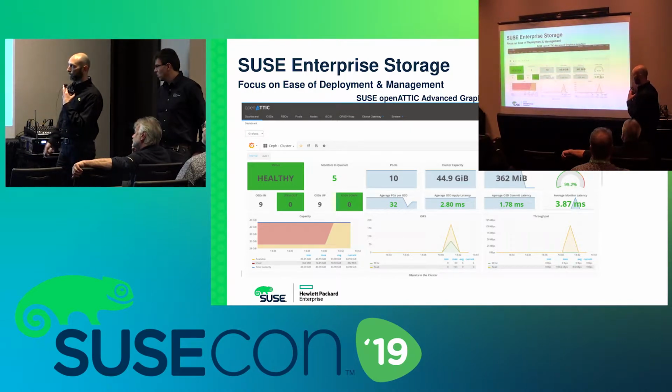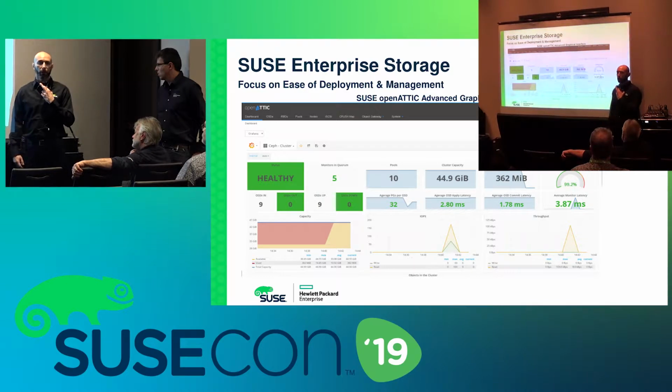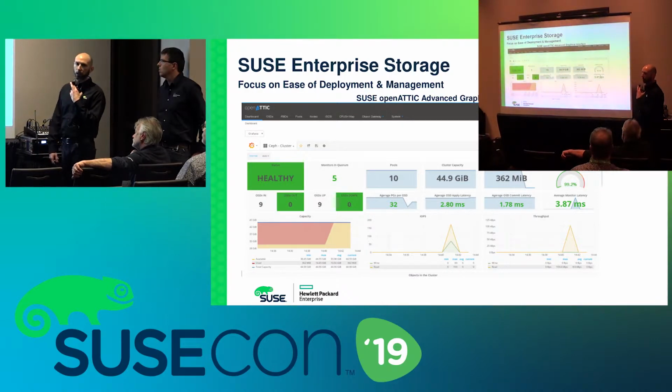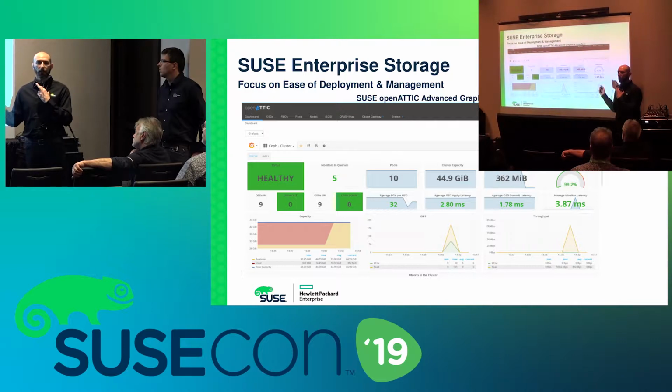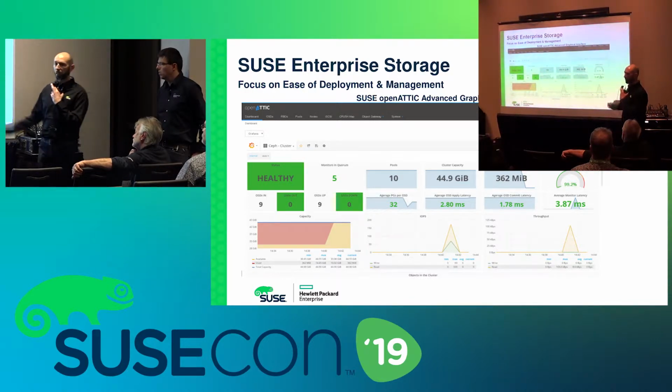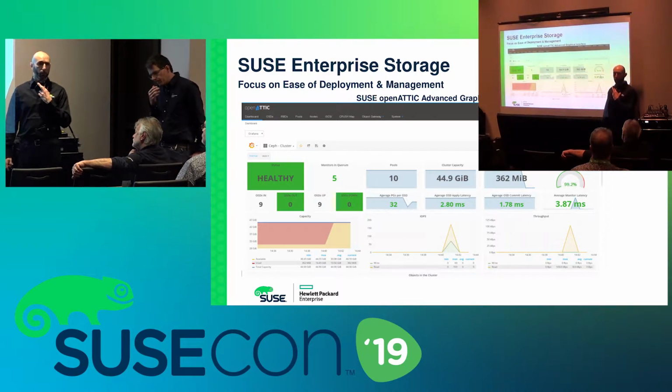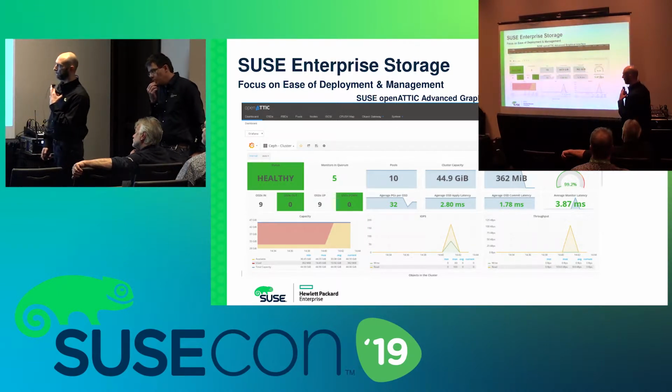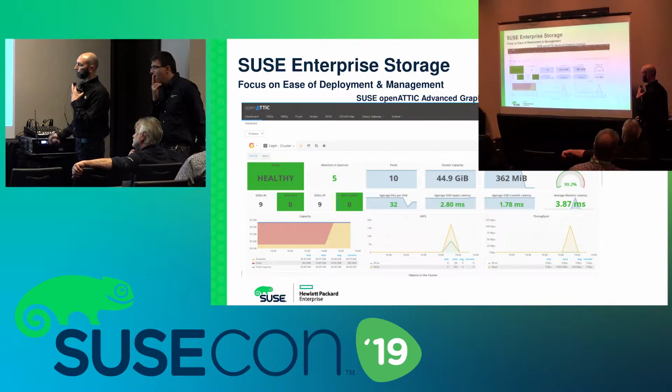One of these, for example, is ease of deployment, management and configuration of the cluster using a very nice graphical web-based user interface, OpenAttic, that, by the way, is now the upstream way of managing Ceph in the community as well, okay? We did very good work in that.